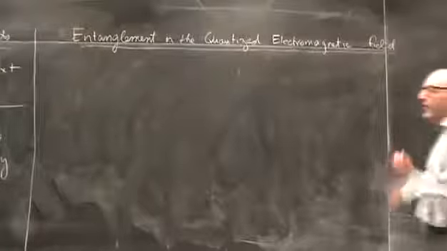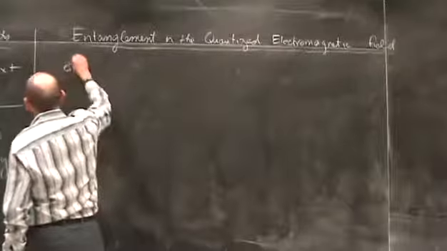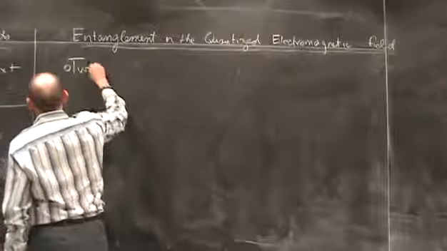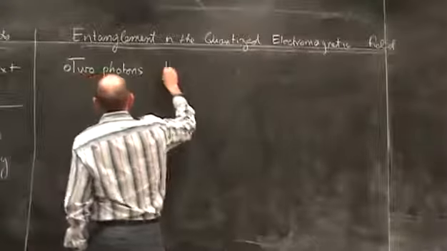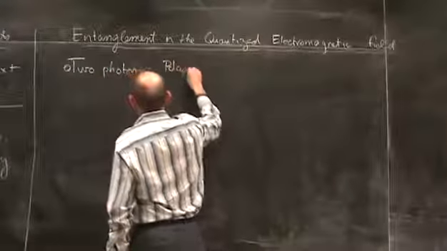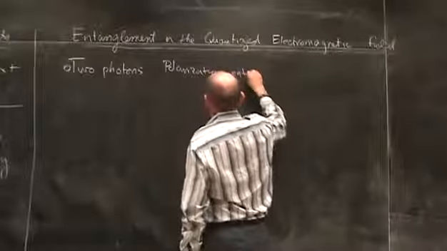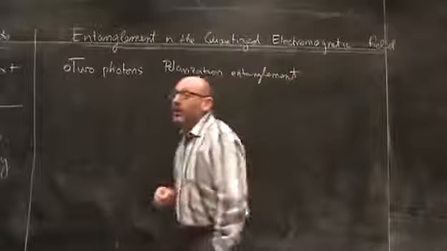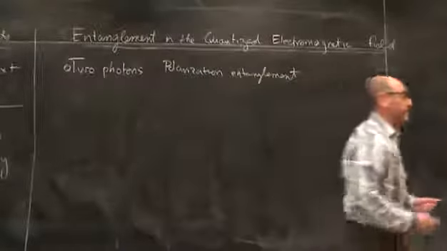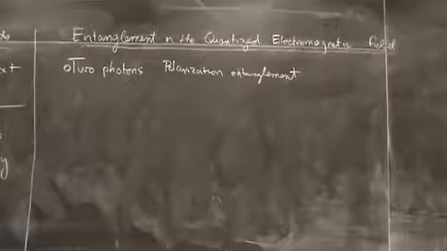The most straightforward thing that you might think about is to think about two photons. And we might talk about polarization entanglement. So there our degrees of freedom are associated with the spins of the photons, their polarization.